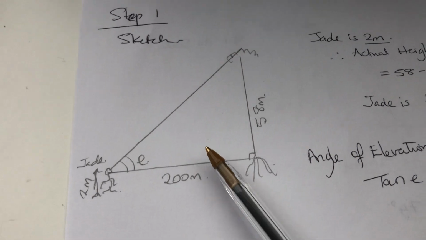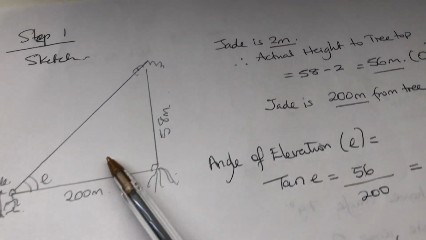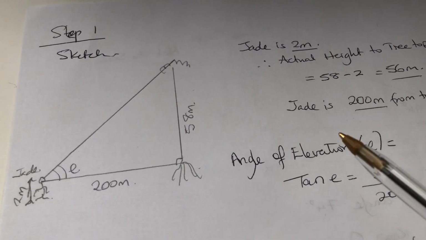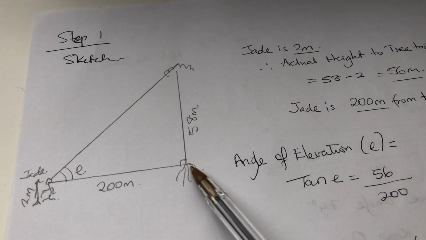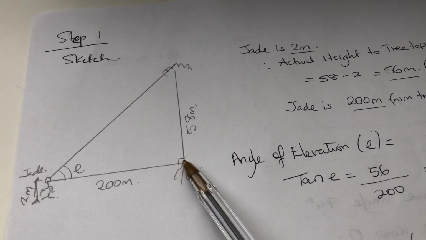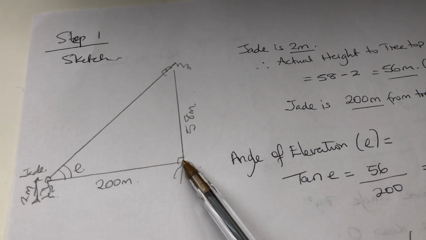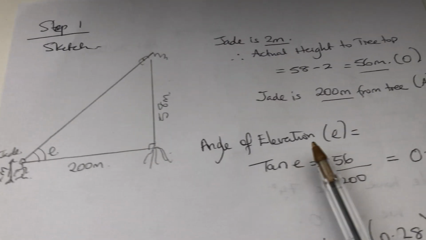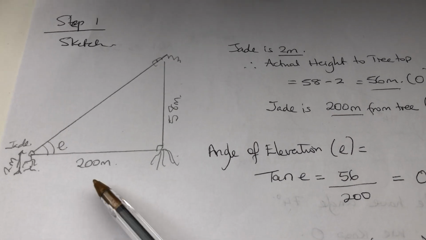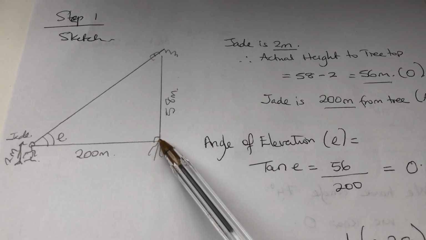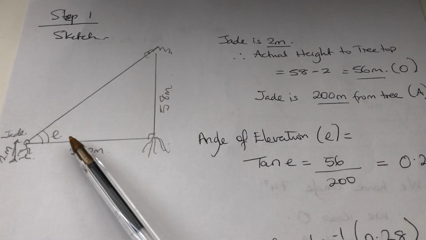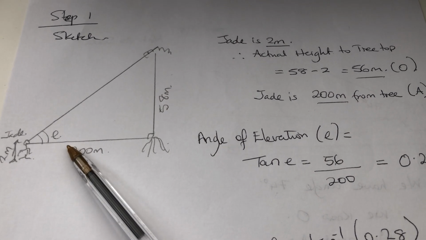These are things that, if you don't sketch, you might not be able to see in your mind's eye. Jade is 200 meters horizontally from the foot of the tree. So now which function do we use? We know the adjacent and we know the opposite, so here again we are going to use tan.